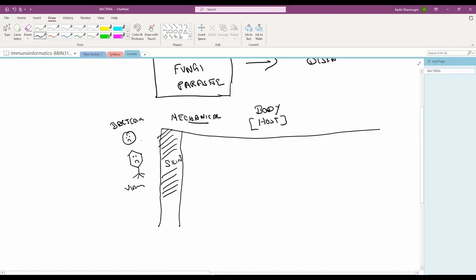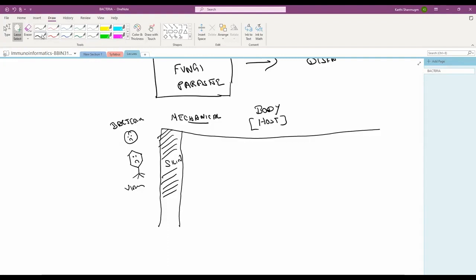Because this pathogen cannot directly enter into the system. Okay, that is not possible, right? So it has to breach slowly. It has to get access and enter into the body. Then only it can enter into the body, right?